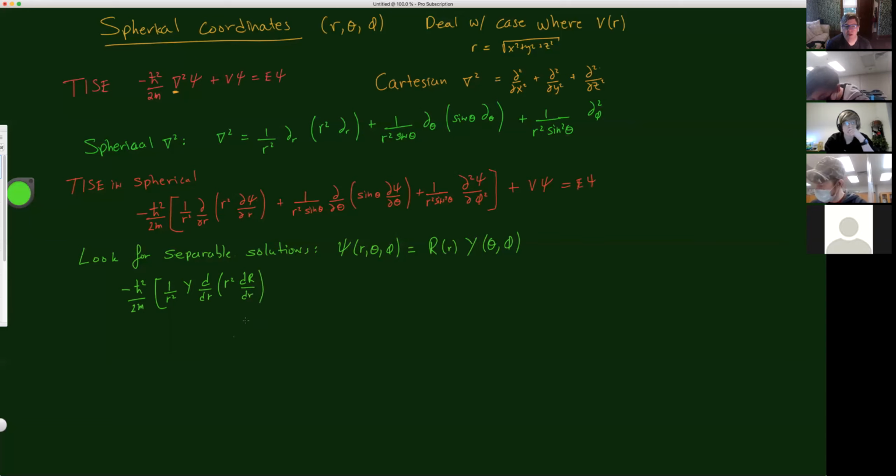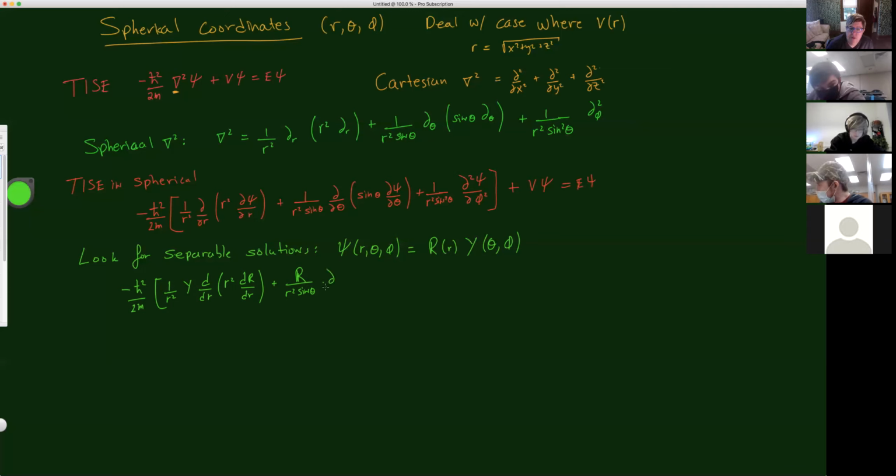Okay. And then the next term, we have 1 over r squared sine of theta. And then we've got our R. I'm going to pull it out over here because it can pull right out of those derivatives, and the derivatives become ordinary. Oh, actually, no, sorry. Got to be careful here because Y is a function of both theta and phi, so they don't become ordinary in this case.